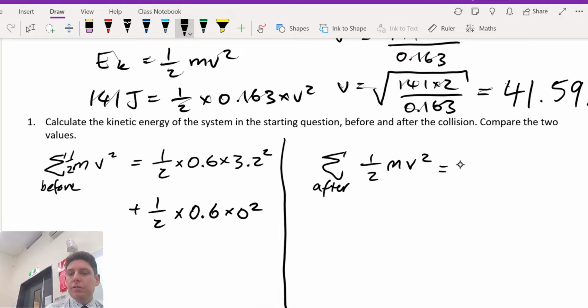And this one equals what happened to the carts after. They were joined, yes. So now the mass is what? 1.2. And what was the velocity we found?